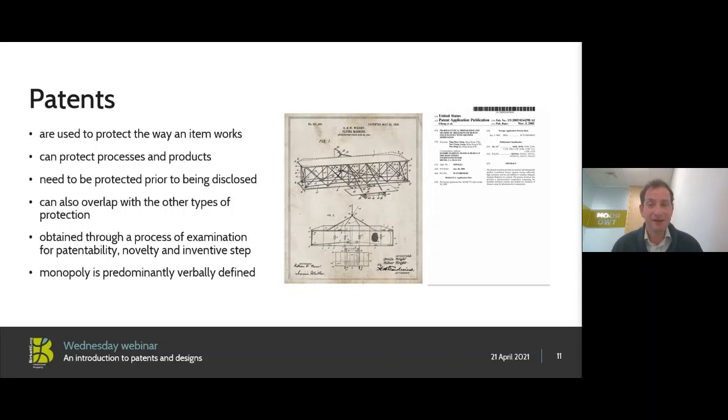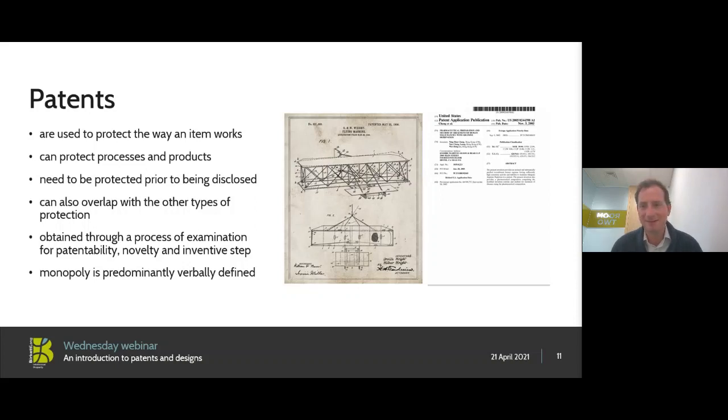And finally, and this is a contrast with the design registration, there's a lot of writing in patents. I know it sounds very trite to say it, but a registered design has got some drawings, and that's what the protection is. That's the monopoly. Does it look the same or similar as the copy?